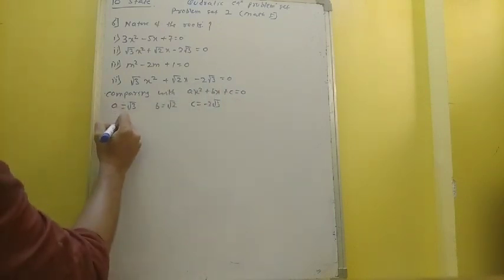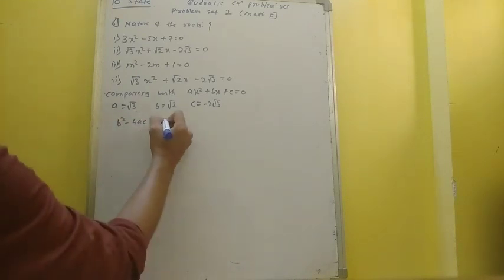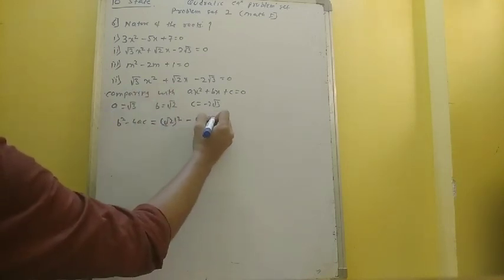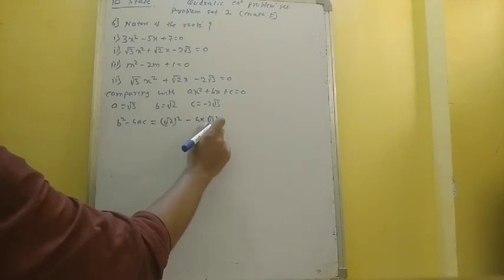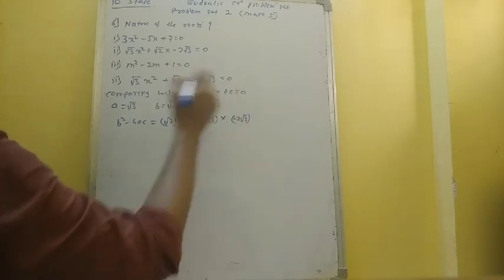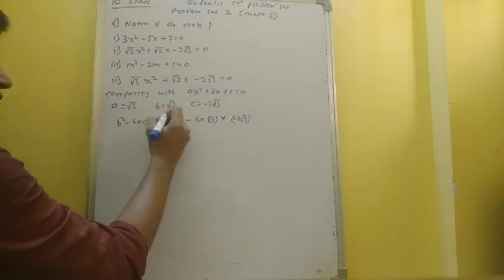Okay, so b square minus 4ac is root 2 square minus 4 into root 3 into c. A into c is minus 2 root 3 times root 3. Okay, if there is a root, please pay attention properly and do it slowly.